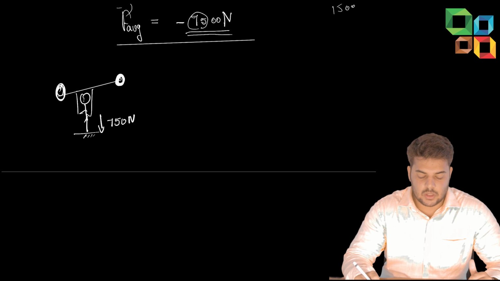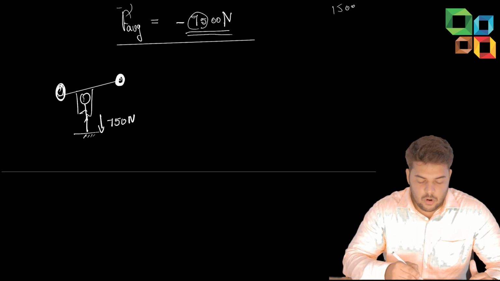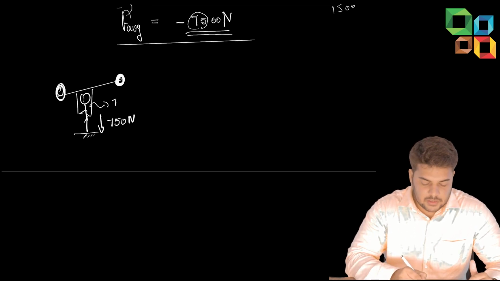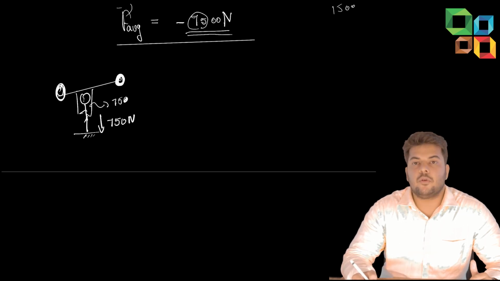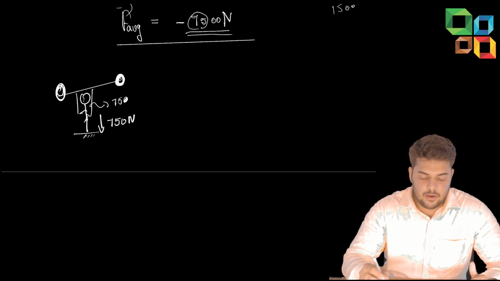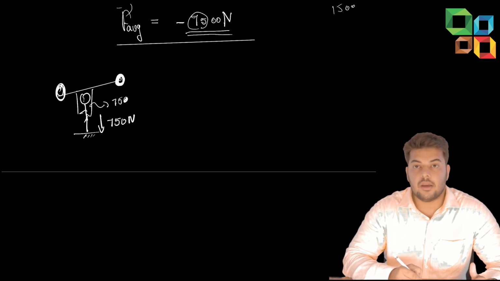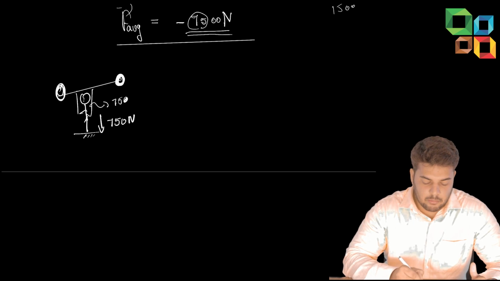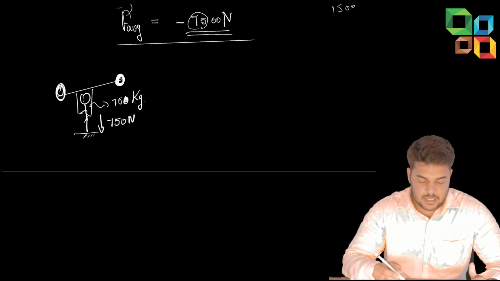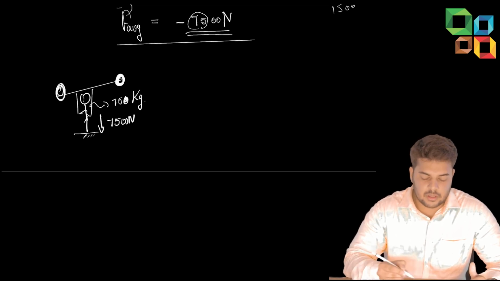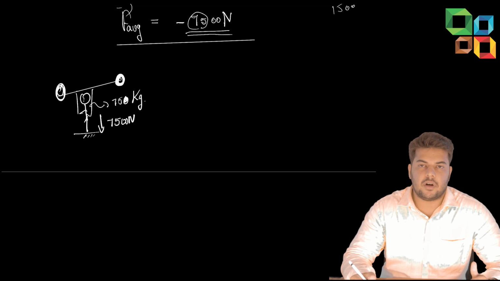Can you guess how much should be that? So if you're 75 kgs, you would exert a force of 750 Newton. If the total mass of your body along with the bar is 750 kgs, then the force that you would be exerting on the ground would be 7500 Newton.